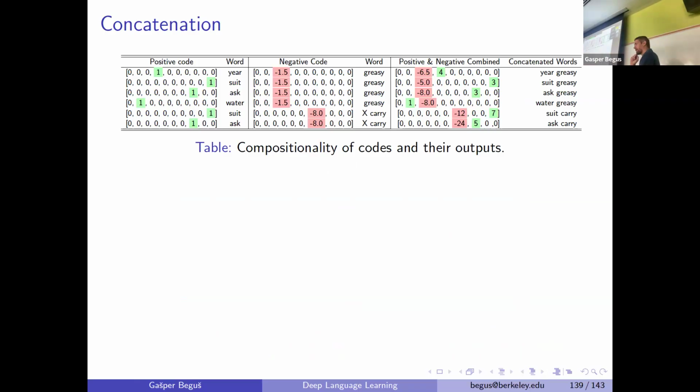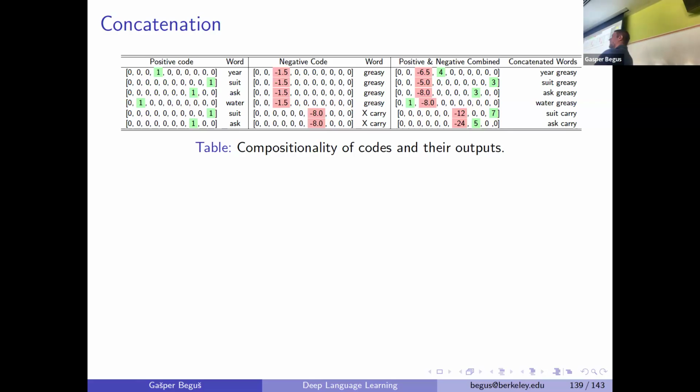What you can find is negative values of the code that represent a single word. So when you generate with 0, 0, minus 1.5, 0, 0, 0, 0, you get greasy in the output, one word. And then you have positive codes, like we know by now. 0, 0, 1, 0, 0 is year, suit, ask, water, and so on.